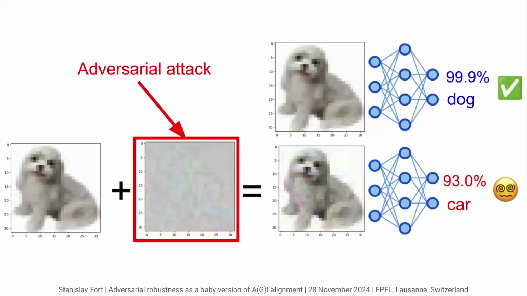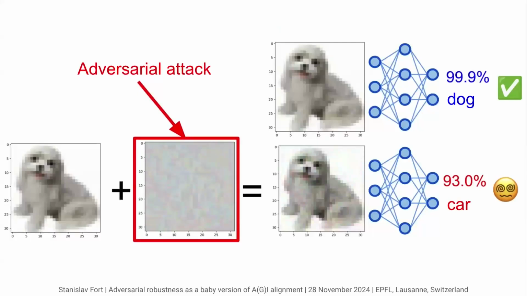I can design this very specific noise that I add to the picture, called an adversarial attack, that is designed to fool the classifier into seeing something different than it is supposed to, based on a human ground truth that we implicitly benchmark against. I'm very sorry I didn't have the white square blocking the result of the neural net, but you would for sure have said a dog, right? You don't see a car in this, or does anyone see a car? If you do, you might be a computer.